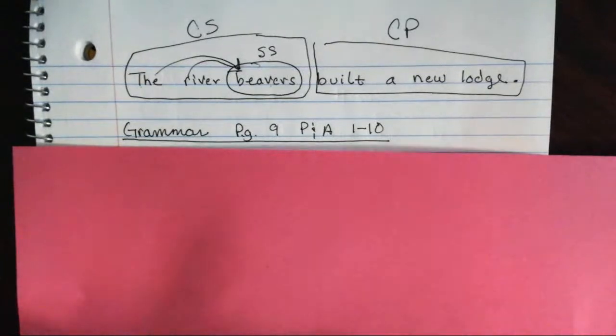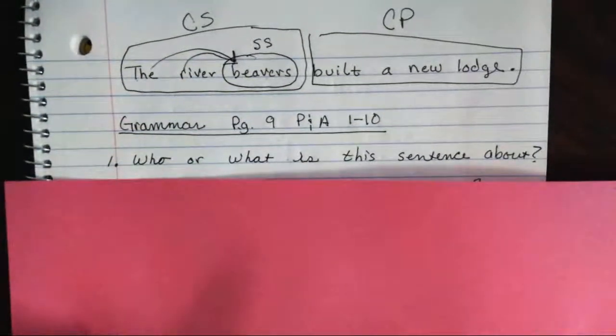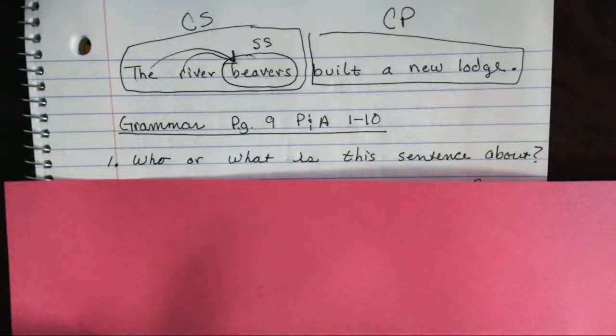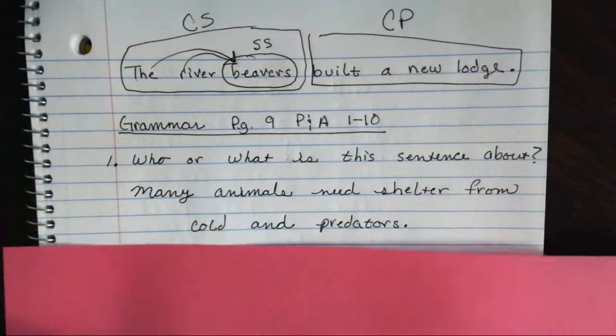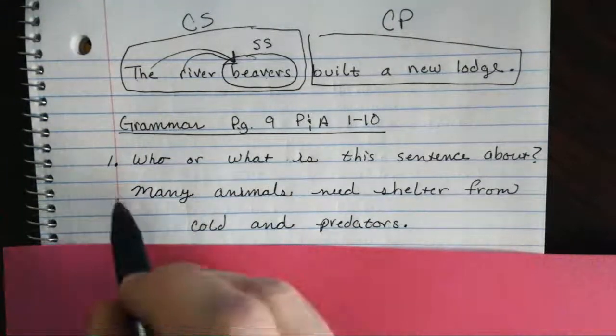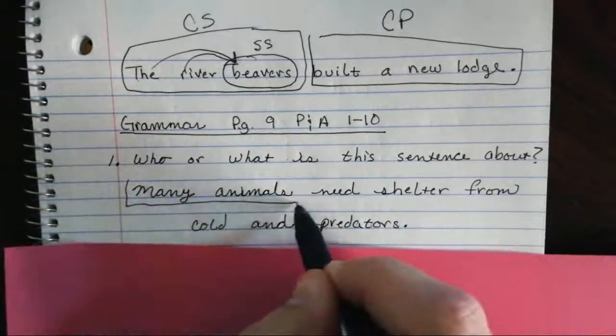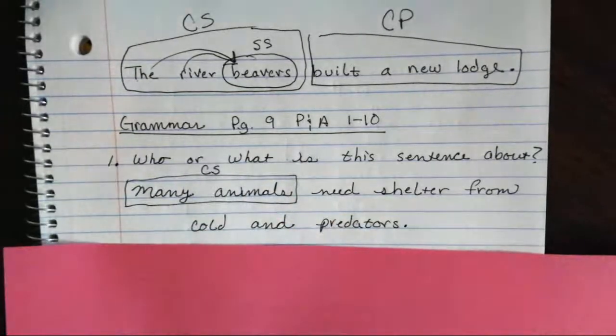And let's take a look at the first one. Okay. So, in the first one, let's ask our question. Who or what is this sentence about? Many animals need shelter from cold and predators. So what is this sentence about? You're right. If you said it's about many animals, that was correct. But that's the complete subject.